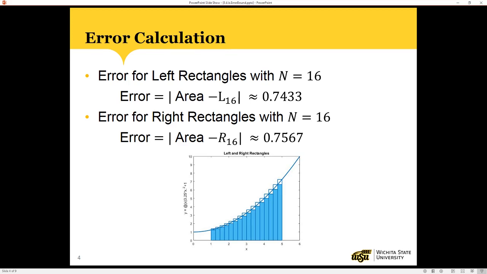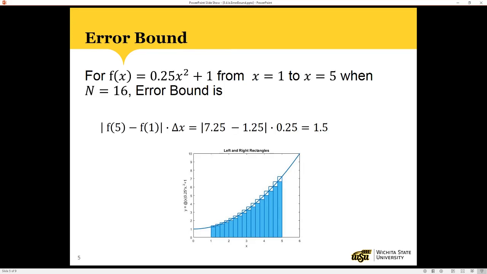Now, since they stack up like boxes, all we need to know is the total height and the width of one of the rectangles. So we calculate the error bound, or an upper bound for the error, by computing the height, which is the absolute value of f of 5 minus f of 1. We need absolute value because, remember, if it's decreasing, then f of 5 will be less than f of 1.